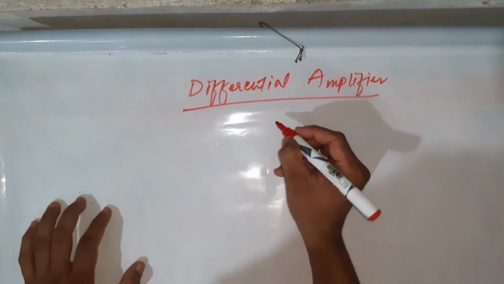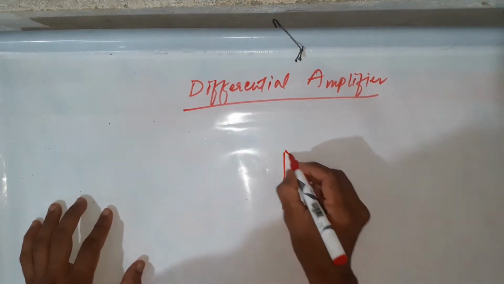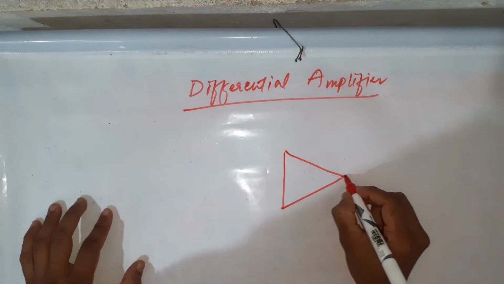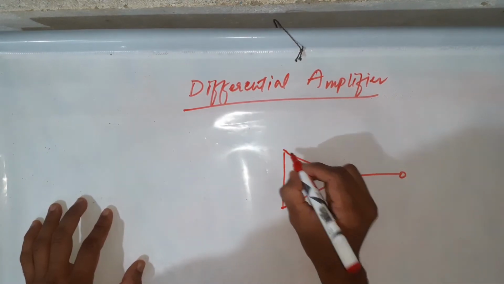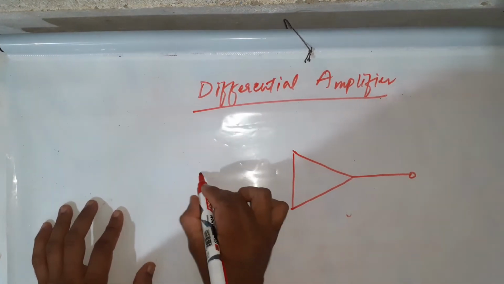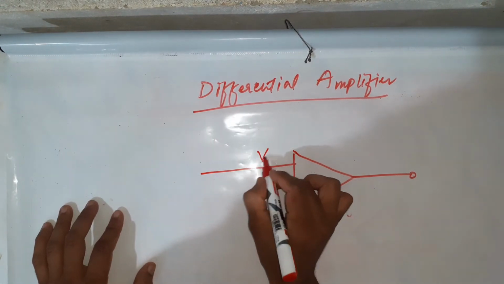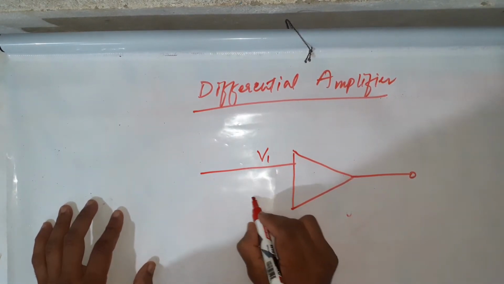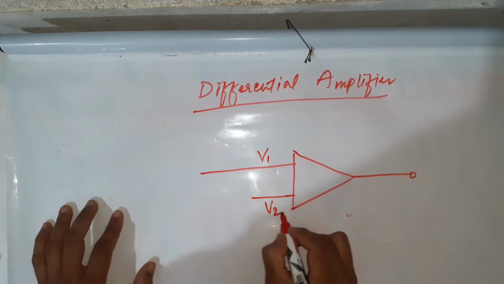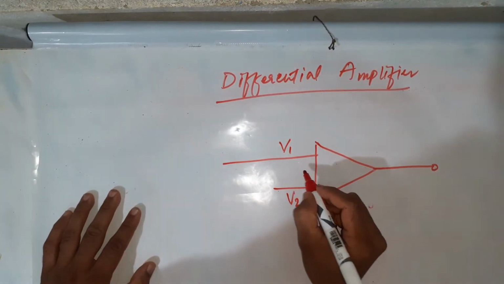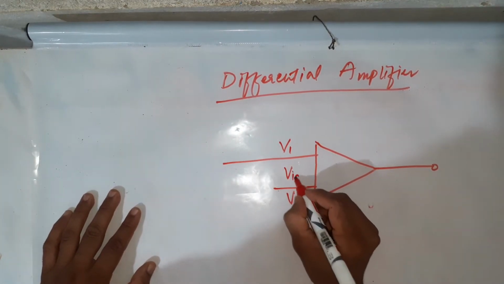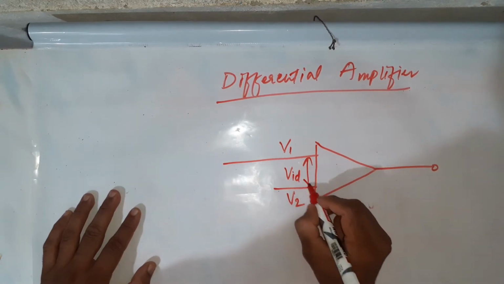This is how it is drawn. V1, V2, and the difference of these two is VID. You know this, right?